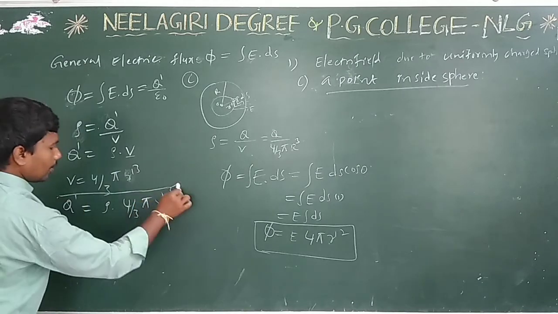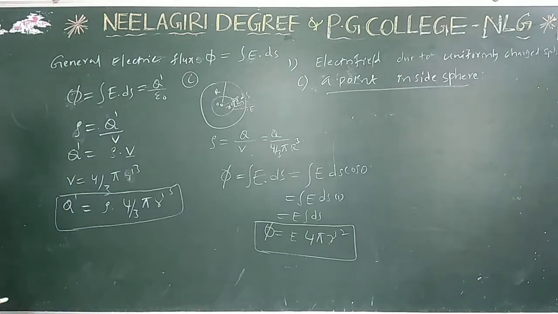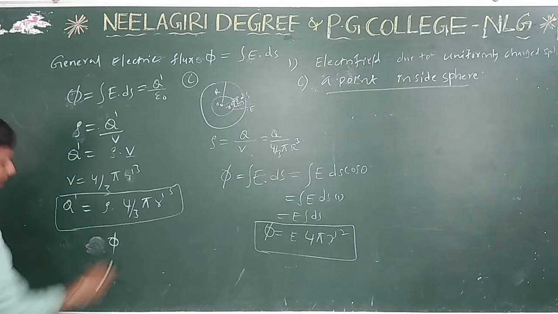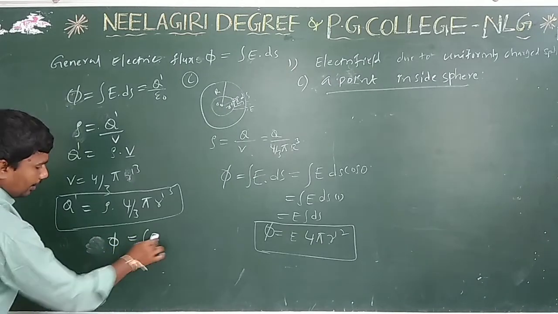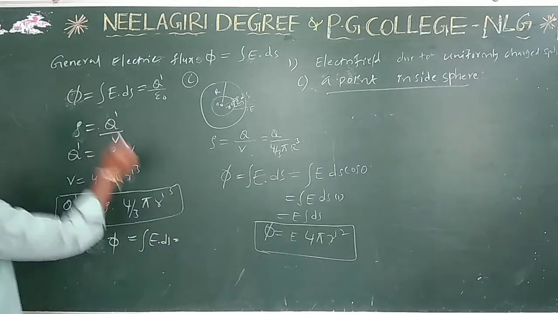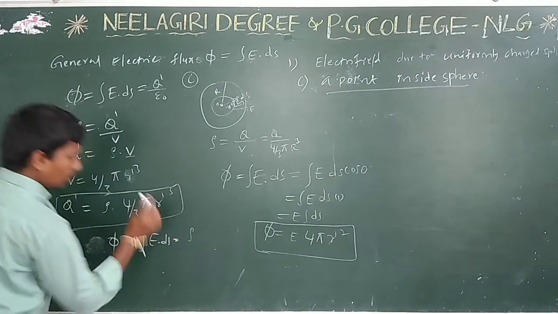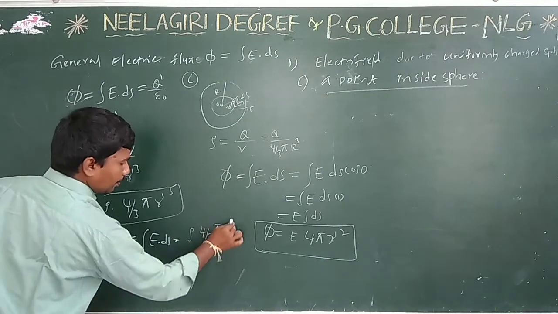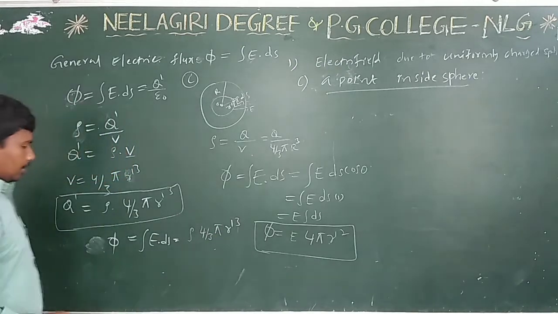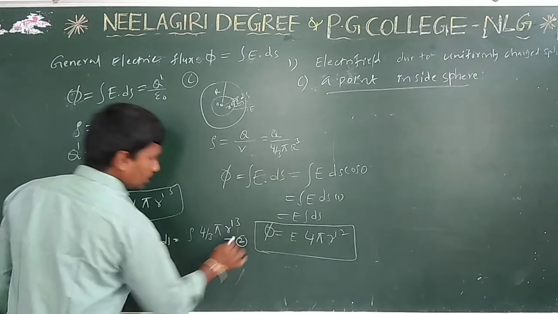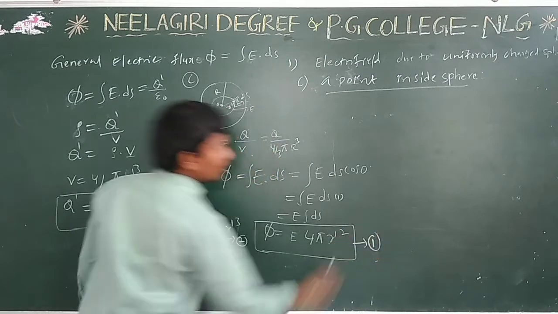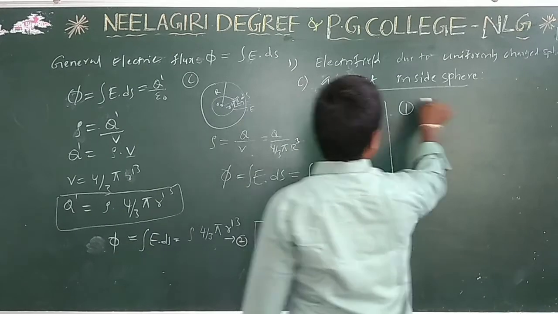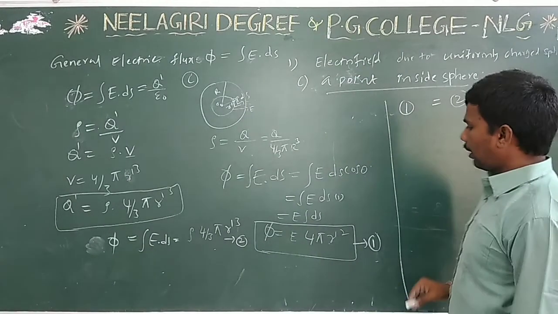This is the Q prime. So the electric flux, integral E dot ds, is equal to rho times 4 by 3 pi R prime cube. This is equation 2, and the earlier one is equation 1. So equating both, equation 1 is equal to equation 2.